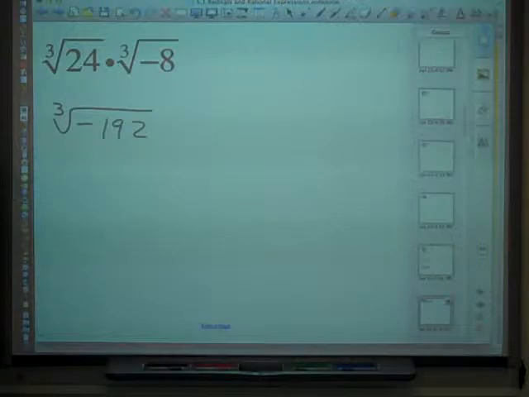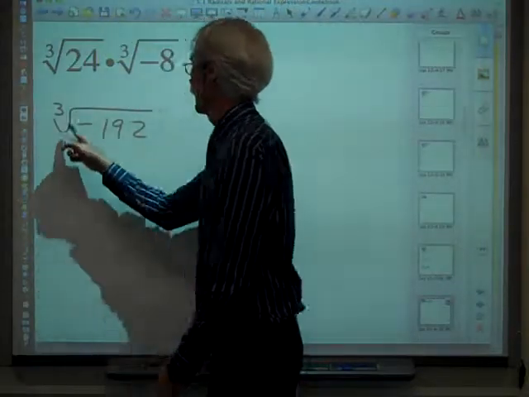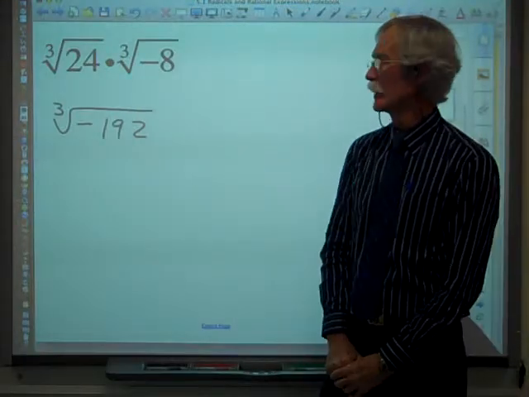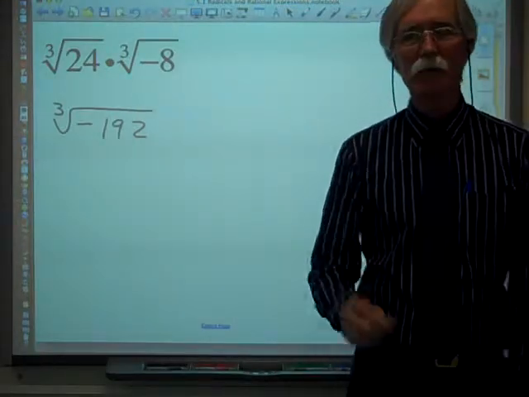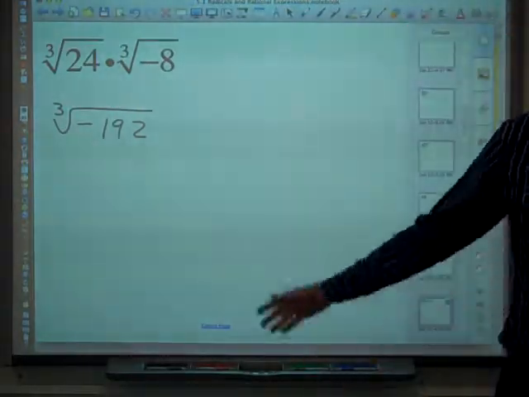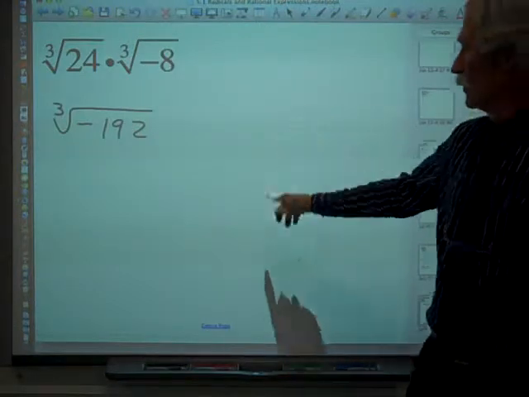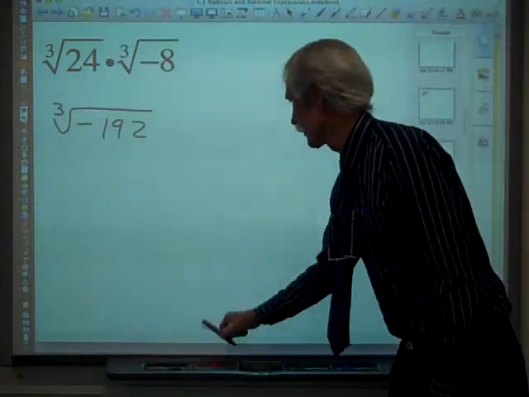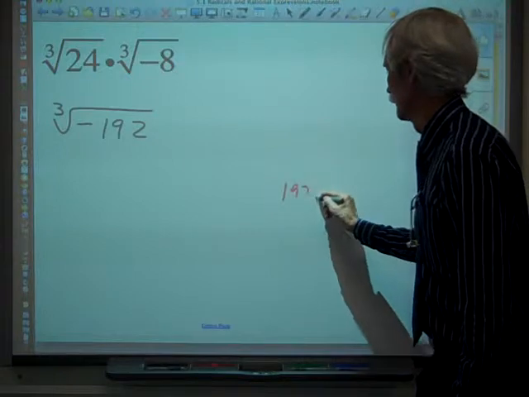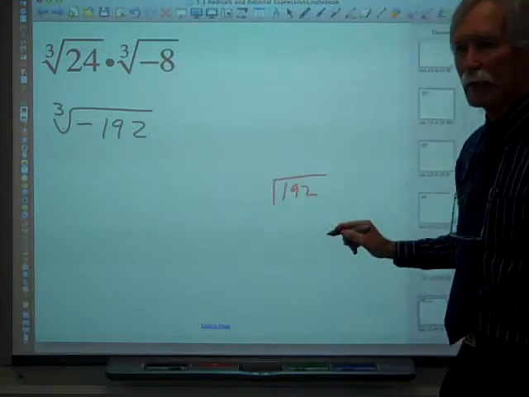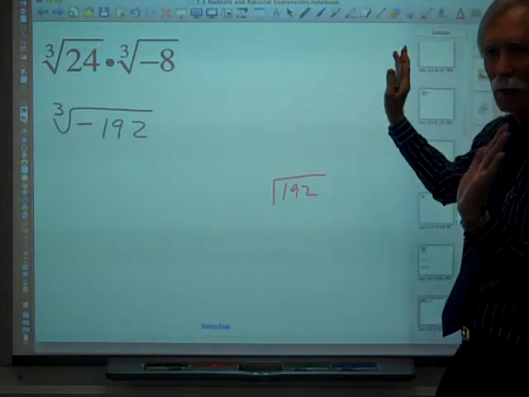It's okay. Cube root of a negative number is all right, yes. See if you can figure out, do a prime factorization. Do one of these again and see if you can figure out about a cube root.